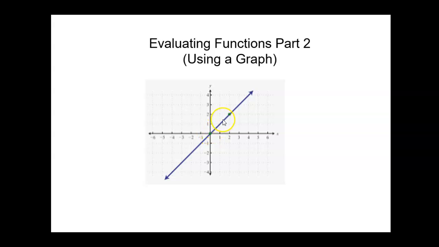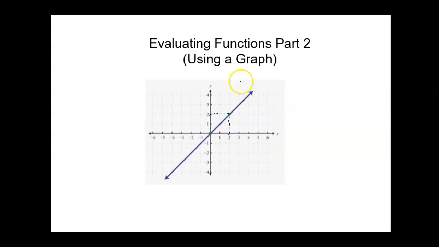Every point on a function, so every point along this line in this case, has an x value and a y value, right? So this point right here has an x value and a y value, right? The x value is 2, and also the y value is 2, right?